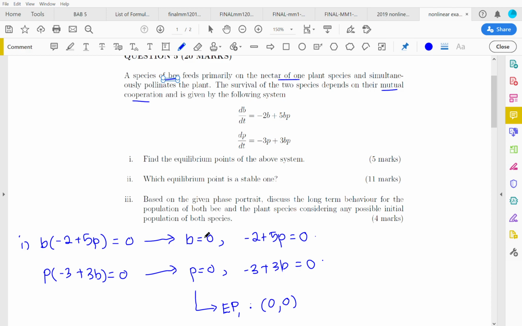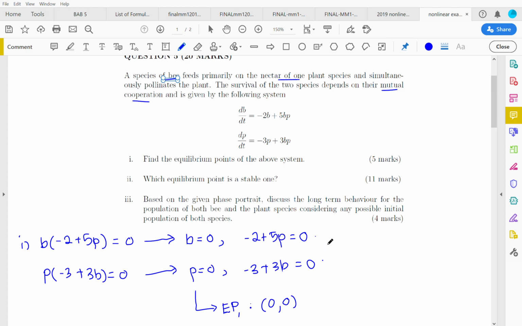And if I take b equal to 0 from here, it means nothing, right? Because with b equal to 0 we cannot get p. But the second equilibrium point can be obtained by solving these two equations.